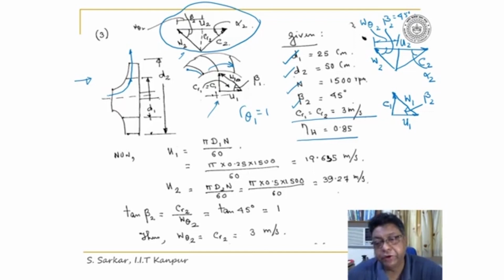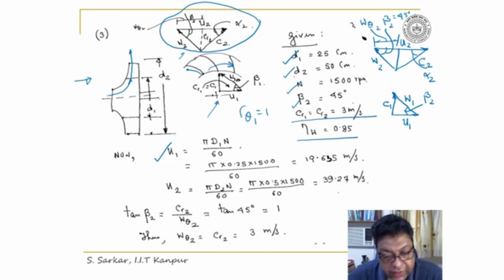Now, after drawing the velocity triangle, I can solve the problem. U1 is equal to pi D1 N by 60. N is given as 1500 rpm, and D1 is given in centimeter, so convert to meter.